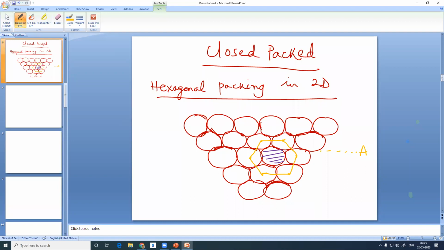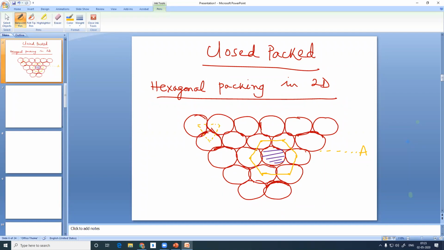Rather, it will be kept on the groove, on the depression, on the cavity formed by 3 close packed spheres. Now see, if these are the 3 close packed spheres forming an equilateral triangle, and you find a cavity, a groove, a depression in between these 3, we'll be using this to mount another sphere to form the second layer, the top layer, the B layer.